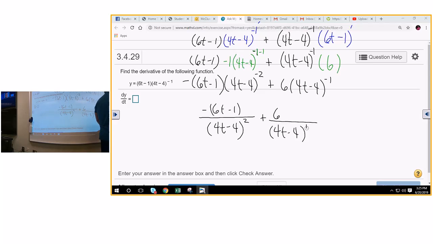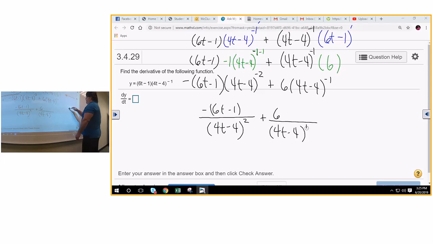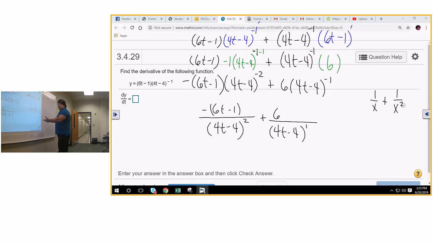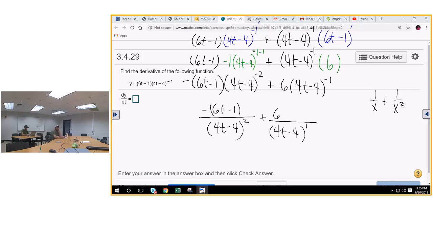Now, of course, let's go back to pre-algebra. If you have 1 over x plus 1 over x squared, if you get a common denominator, do you use the lowest power or the highest power? You use the highest power.